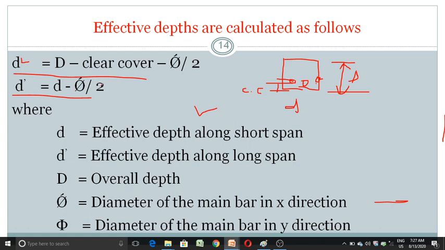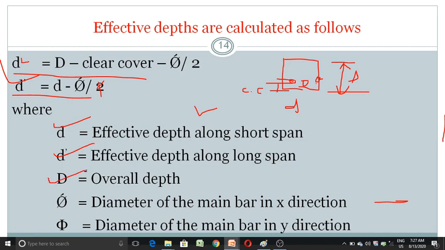It is not half, the full diameter, sorry. That is d minus phi, the effective depth along the X direction minus one full diameter of the bar, which gives the effective depth along the Y direction. Here we have already discussed small d is the effective depth along the shorter direction, d dash is the effective depth along the longer direction.